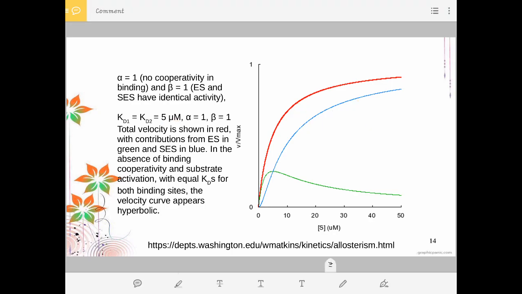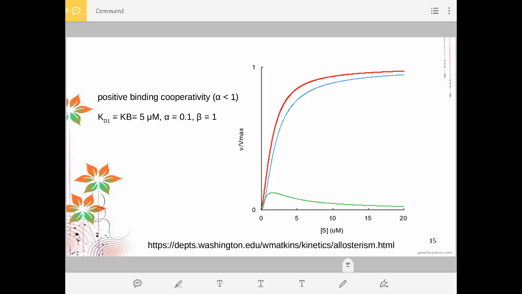So okay, now what about we introduce a positive binding cooperativity. So that means we have alpha less than 1, because alpha is the rate of dissociation. KD1 or KD2 is the rate of dissociation. So if you have a small alpha, that means it increases the binding.